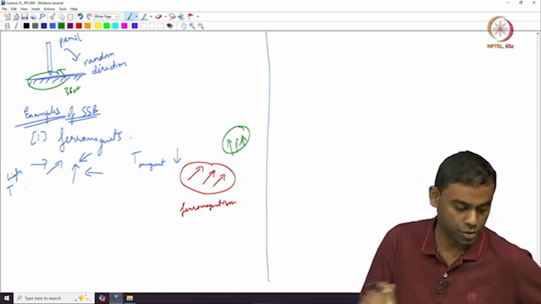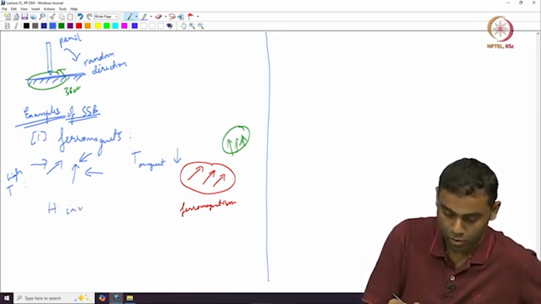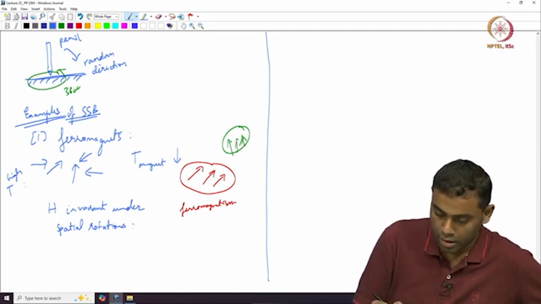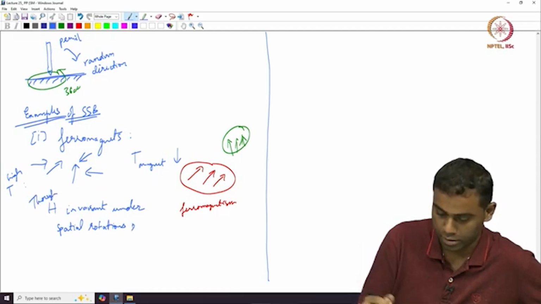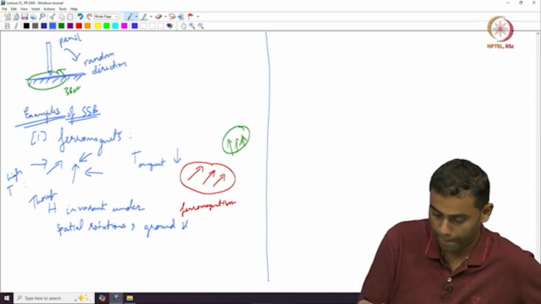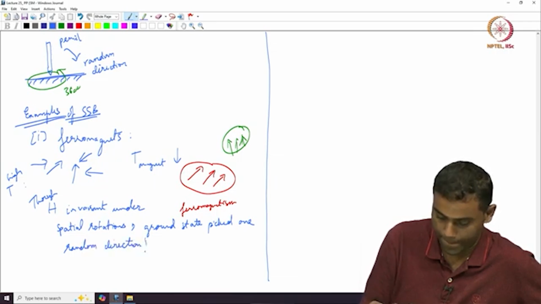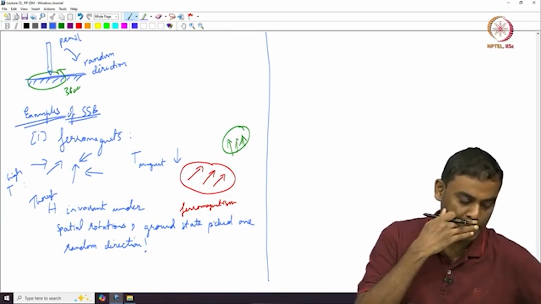So, in other words, even though the Hamiltonian was invariant under spatial rotations, the ground state picked one random direction, correct. Good. So, that is one physical example.